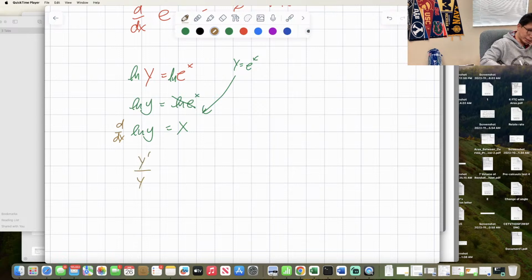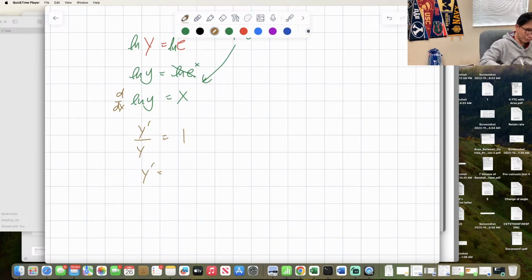Now you're no longer an idiot. That's 1, because the derivative of x is 1. Now you move to the other side: y prime is equal to y. Does that break math right here? A simple proof to show you that the derivative of e to the x is equal to e to the x, because y prime is equal to e to the x.